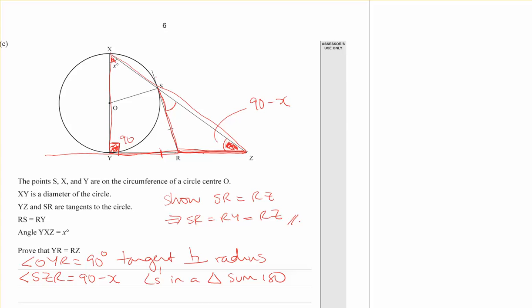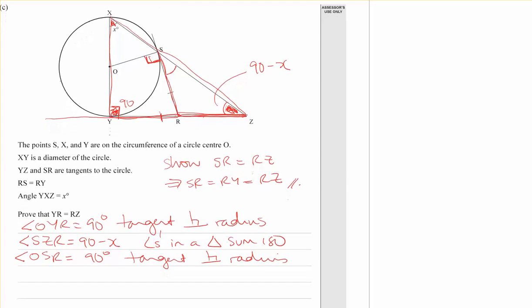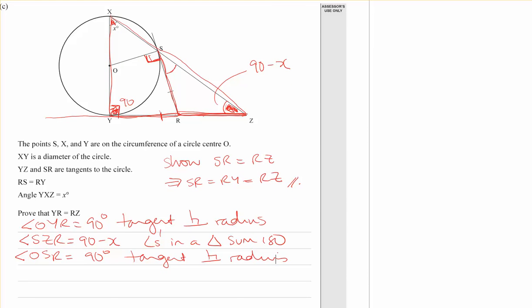Right, now SR is also a tangent, so that means that angle in there is 90. Now we can work out some of these angles around here.